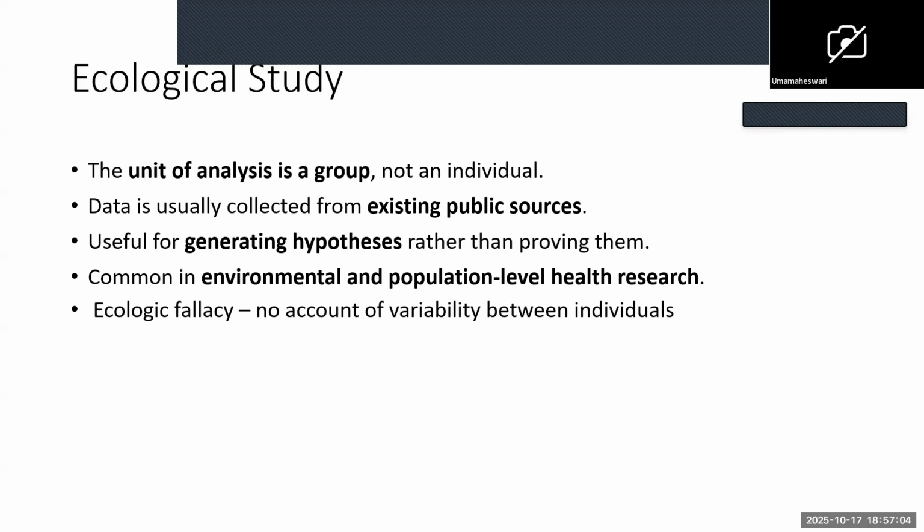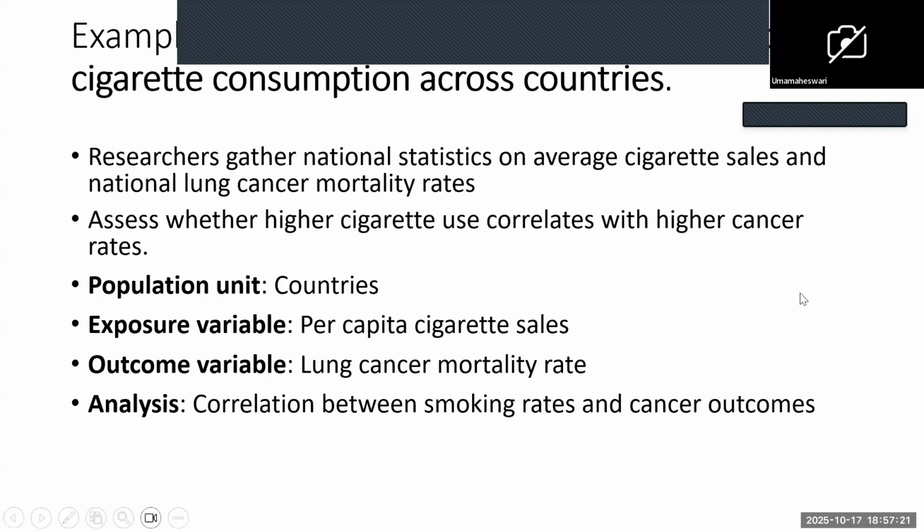It is useful for generating hypotheses rather than proving them. It will give us some statements. So it is common in environmental and population level health research. I'll explain this with an example, then I'll come to your ecological fallacy. Say somebody wants to study lung cancer and cigarette consumption across countries.